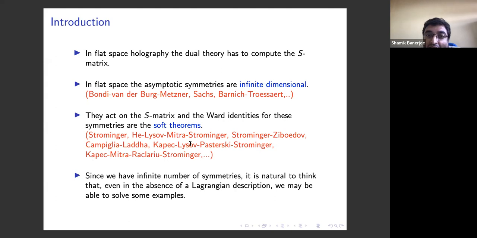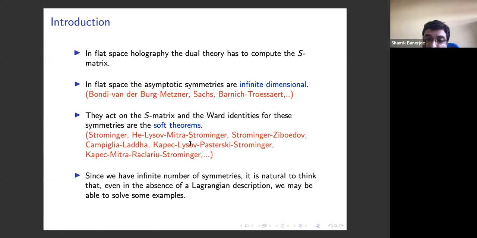They act on the S matrix, and the Ward identities for these symmetries are the soft theorems. Since we have an infinite number of these symmetries for the S matrix, it is natural to think that even in the absence of a Lagrangian description, we may be able to solve some simple examples. So this talk is essentially on that.